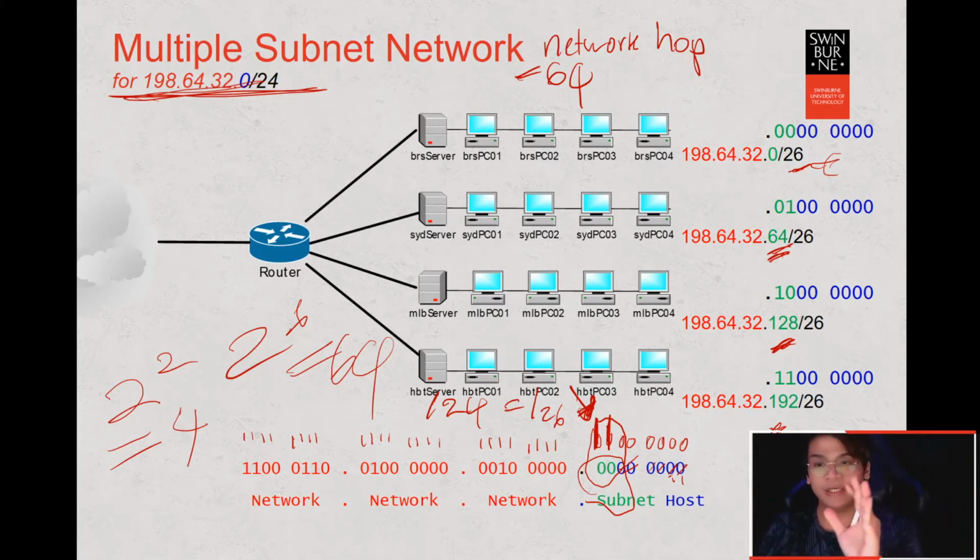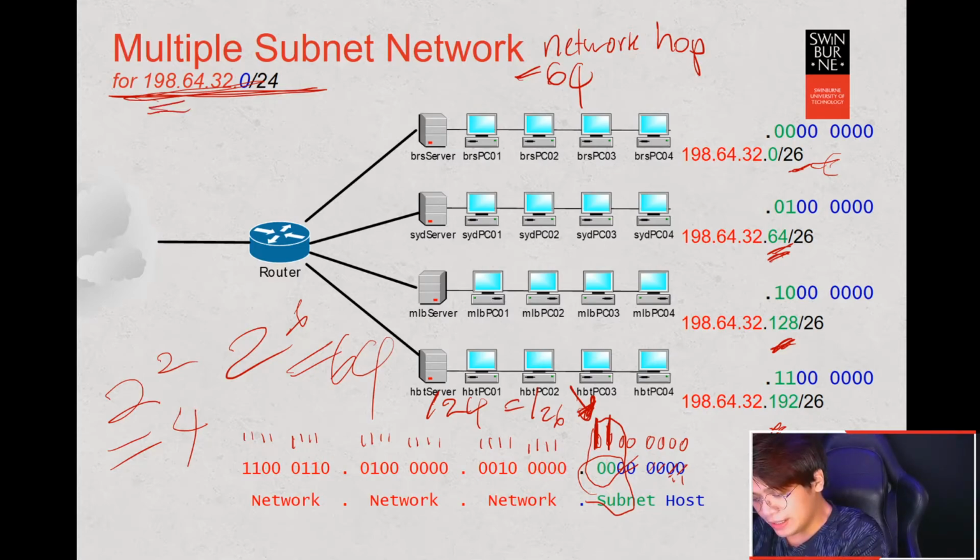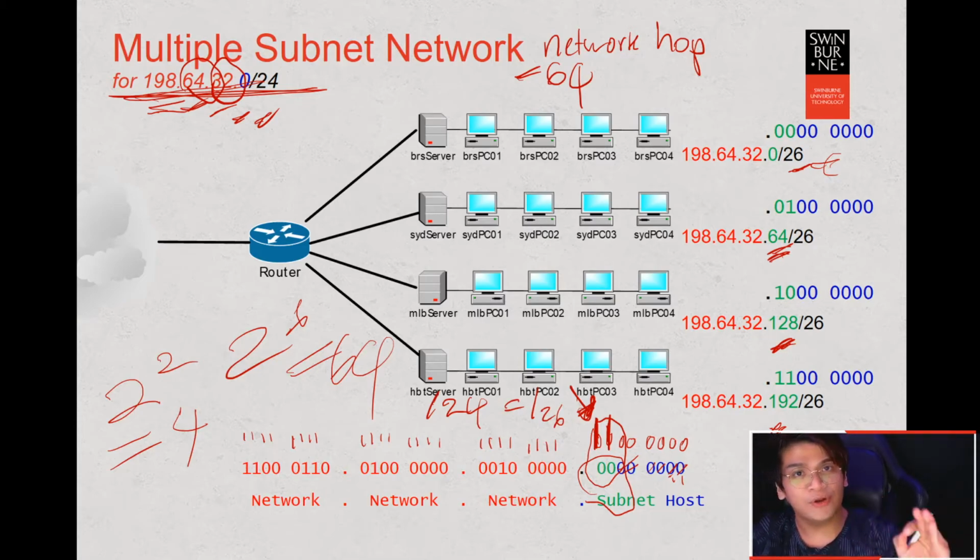Now you see over here we have 198.64.32.0/24, correct? This is your network. 64.33 is not your network anymore, your network only 64.32, not .33.